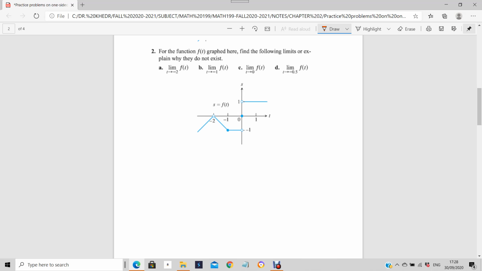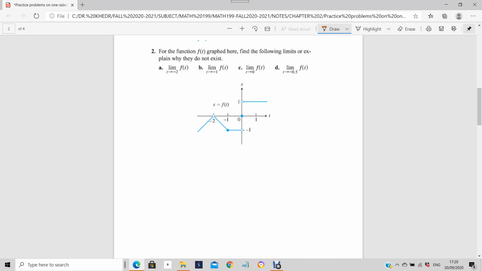What I will do here is leave part A, part B and part C because they are similar to the previous question, and I will solve part D, at t equals 0.5.